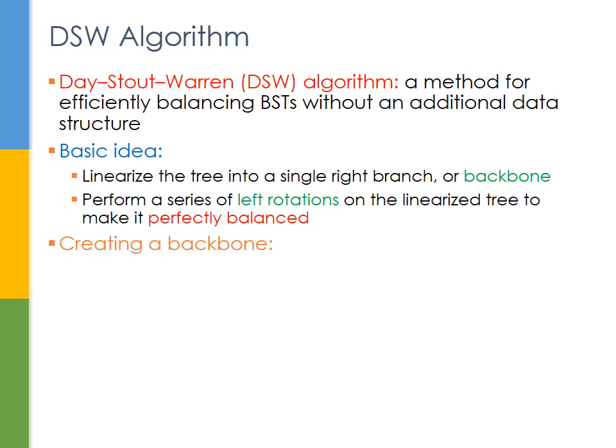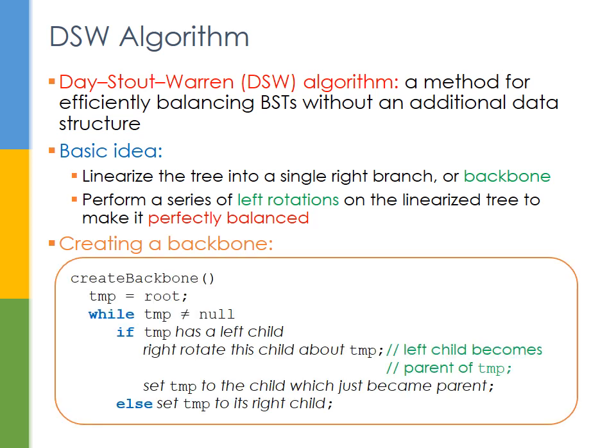So let's first of all look at the process that we need to go through in order to create a backbone. And this is then a pseudocode representation of the algorithm that we will use. So we need then a temp, which is essentially a pointer or a reference that can refer to a node in the tree, and temp initially refers to the root node of the tree that we want to balance.